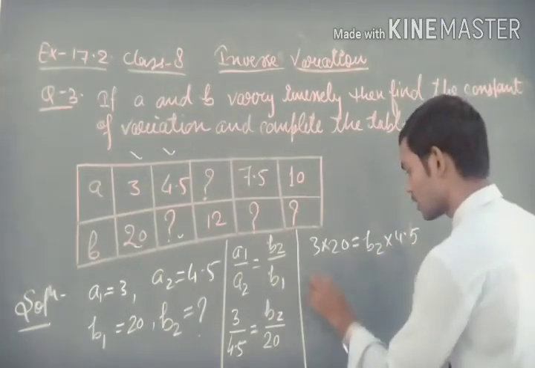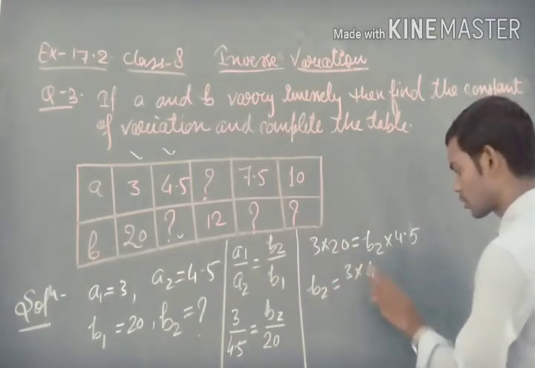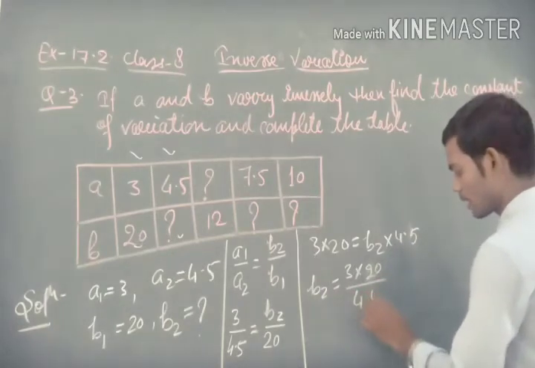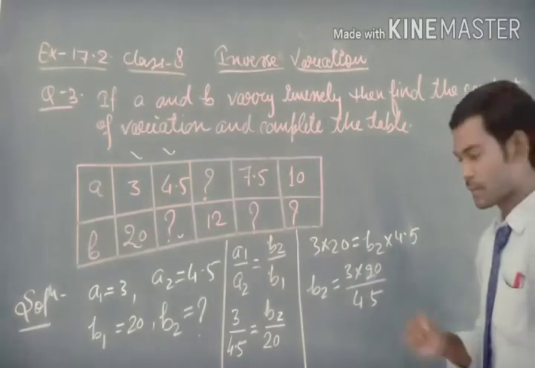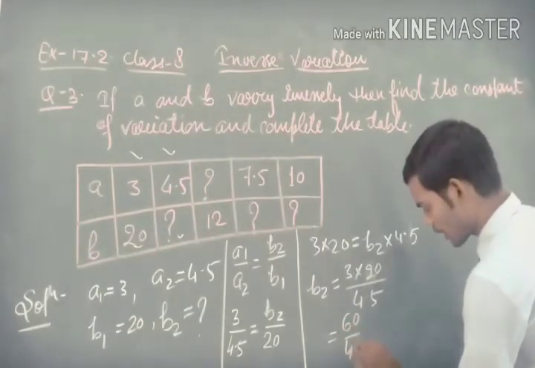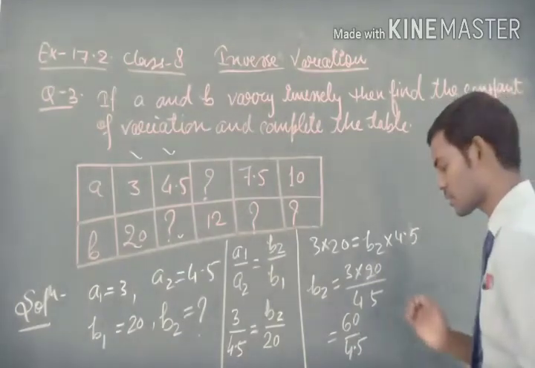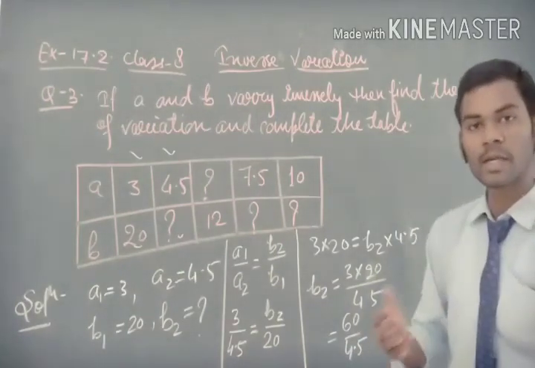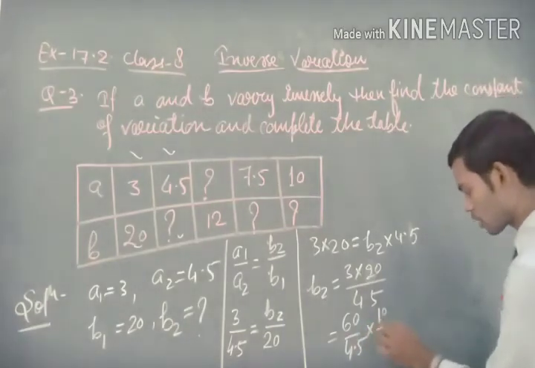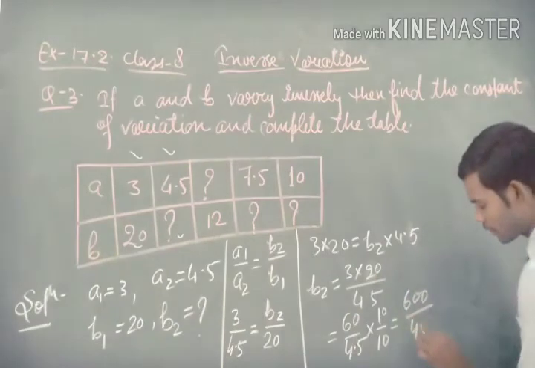In our next step we carry out the cross multiplication, then we get 3 multiplied by 20 is equal to B2 multiplied by 4.5. In order to separate the variable B2, we transfer 4.5 to the other side, then we get B2 is equal to 3 multiplied by 20 upon 4.5, so we make it 60 upon 4.5. If you want to remove the decimal, just multiply by 10 in the numerator and denominator of this fraction, then you will get 600 upon 45.